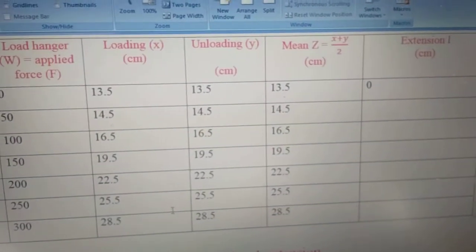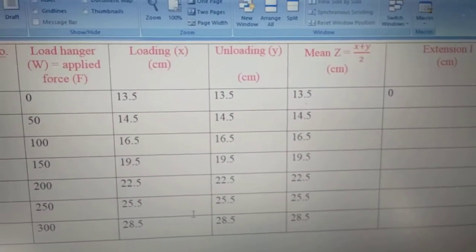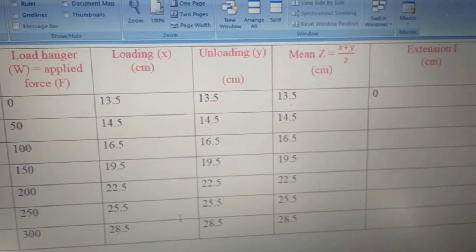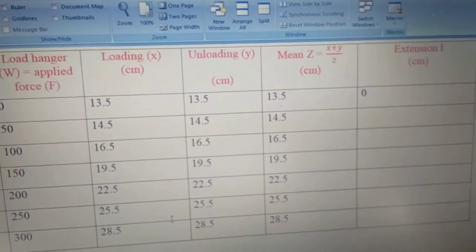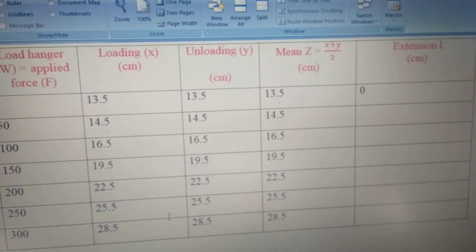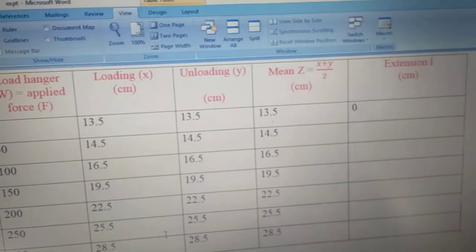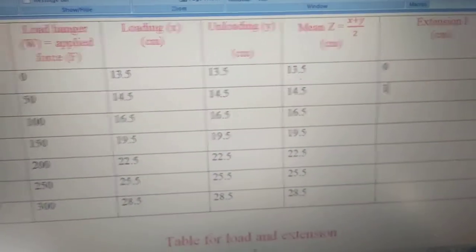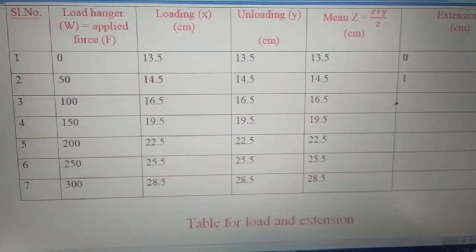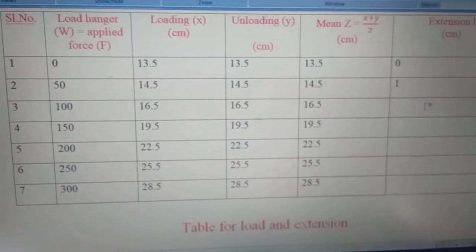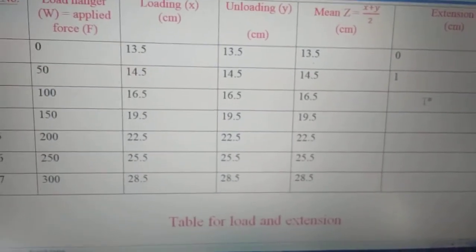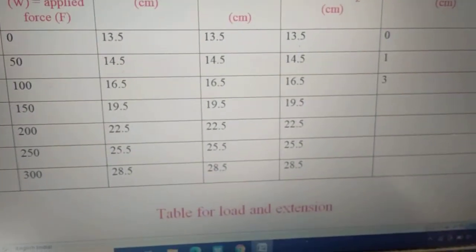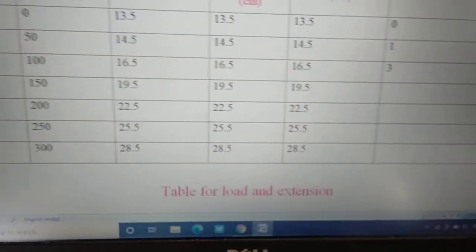Now, what is an extension? How to find out the extension? The first value, 13.5 minus 13.5 is equal to 0. Then 14.5 minus 13.5 is equal to 1. Next, 16.5 minus 13.5, we get 3.